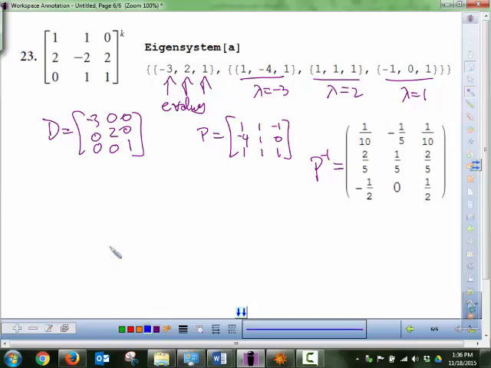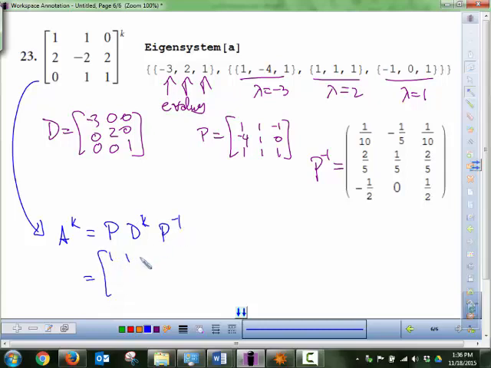All right, so let's find this A to the k is equal to P, now the D matrix, and then P inverse. So your P matrix is 1, 1, negative 1, negative 4, 1, 0, 1, 1, 1.